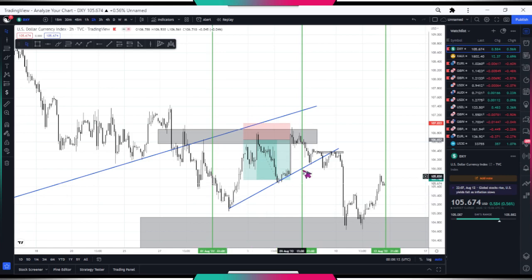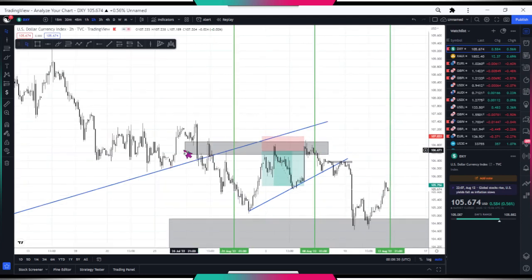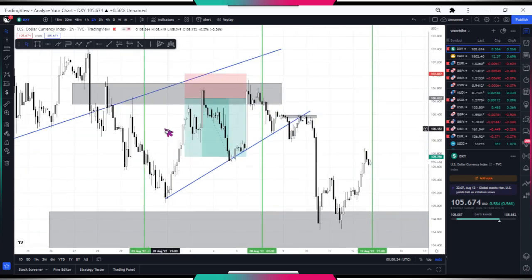The price came to retest about here and went back to the zone of resistance which it had initially tested. So this area was a very strong zone of resistance, or order block, as some people, inner circle traders, call it.